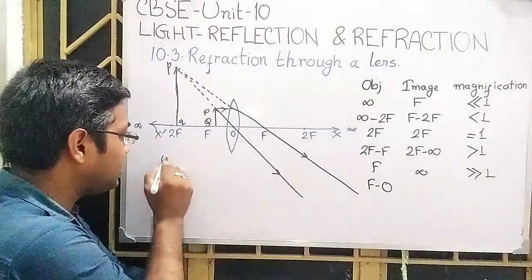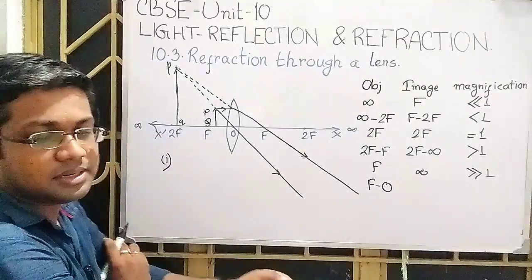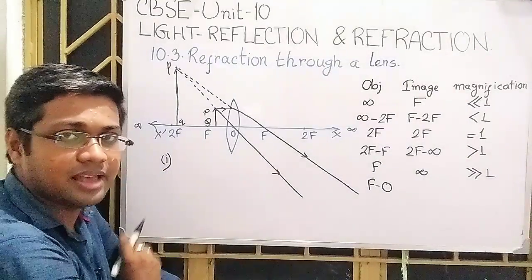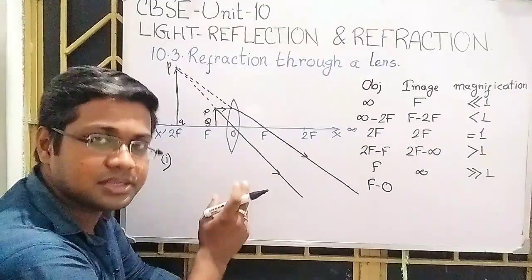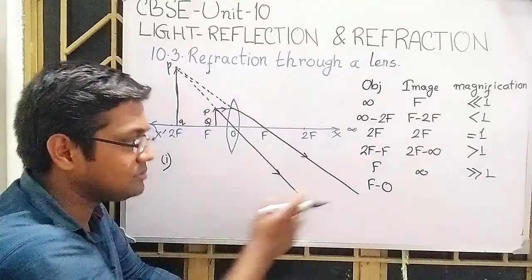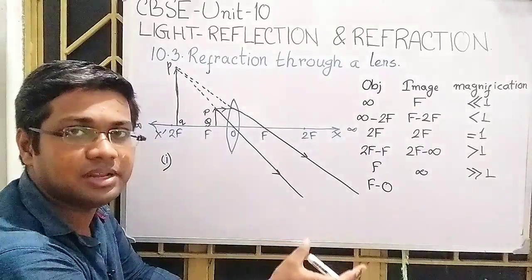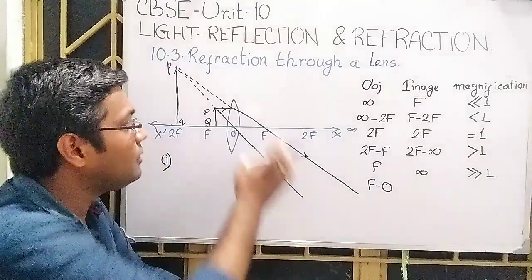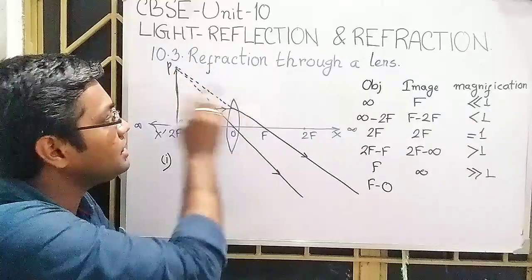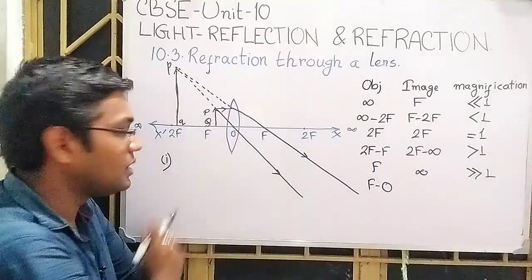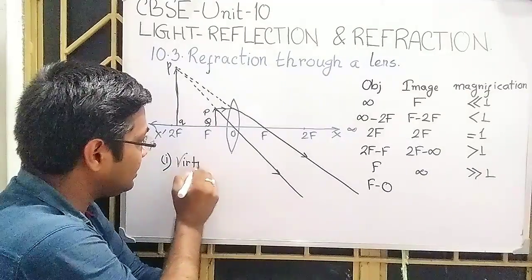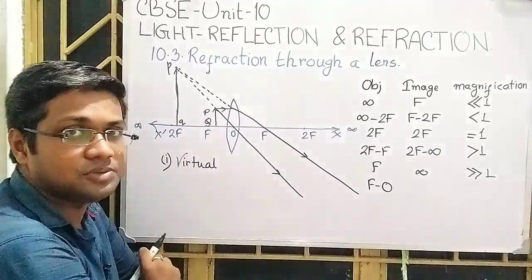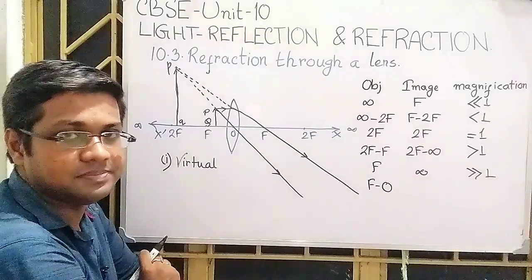So if I write down the characteristics of the image, first, it is not formed by intersecting the refracted rays, because the refracted rays are not actually intersecting each other. But we have obtained this by extending them behind the lens, and the image that is obtained here is a virtual one. It can't be real.